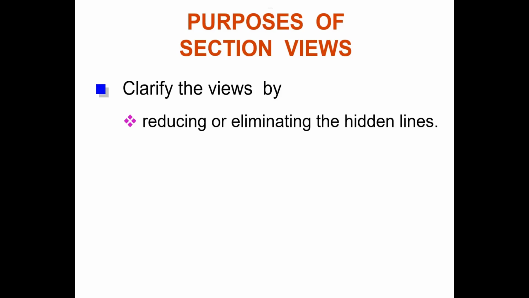You draw the drawing part by part, and in a typical orthographic drawing it gets complicated with a lot of hidden lines. That's why we do sectioning: to reduce or eliminate the hidden lines. Without sectioning, one view, maybe the front view or maybe all three views, have a lot of hidden lines, and it's really hard to picture and understand the part. So we have to make a section view.